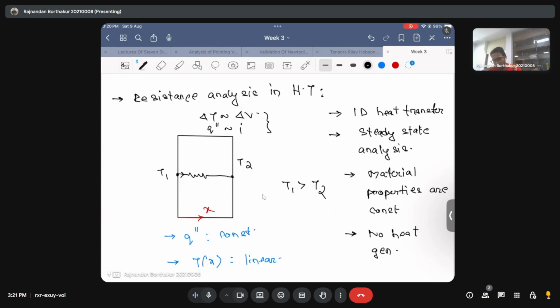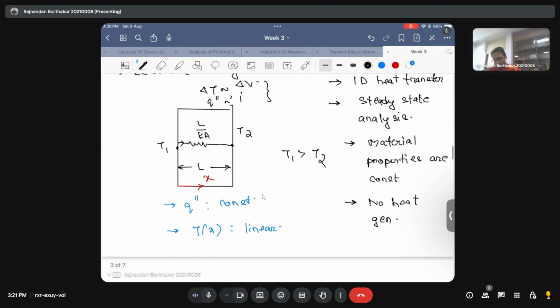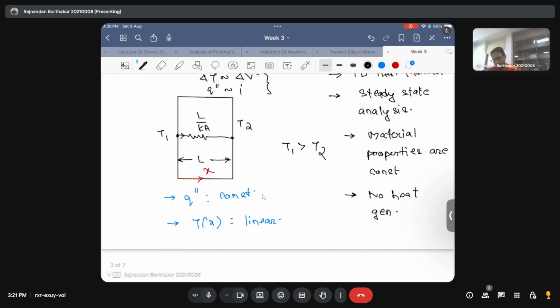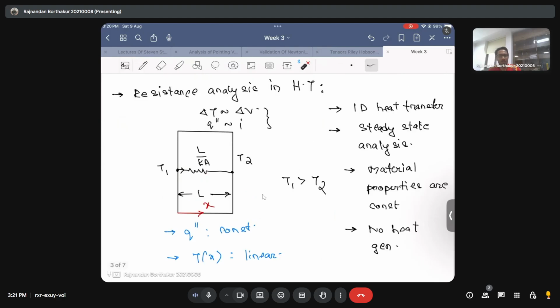Now the question is, this resistance, as you know, for rectangular slabs typically comes out to be L by kA, where L is this length, k is the thermal conductivity of the slab, and A is the cross-sectional area perpendicular to the direction of heat transfer, which is just this area.